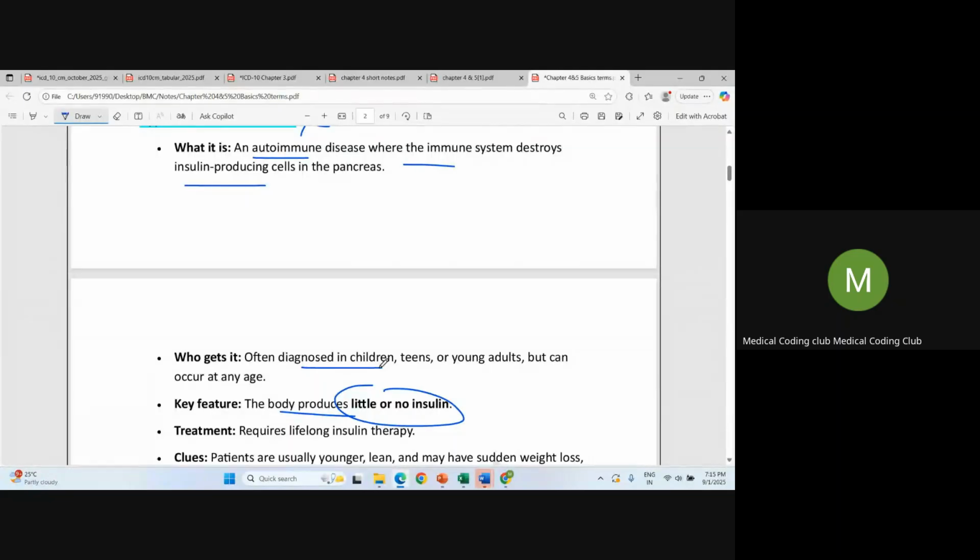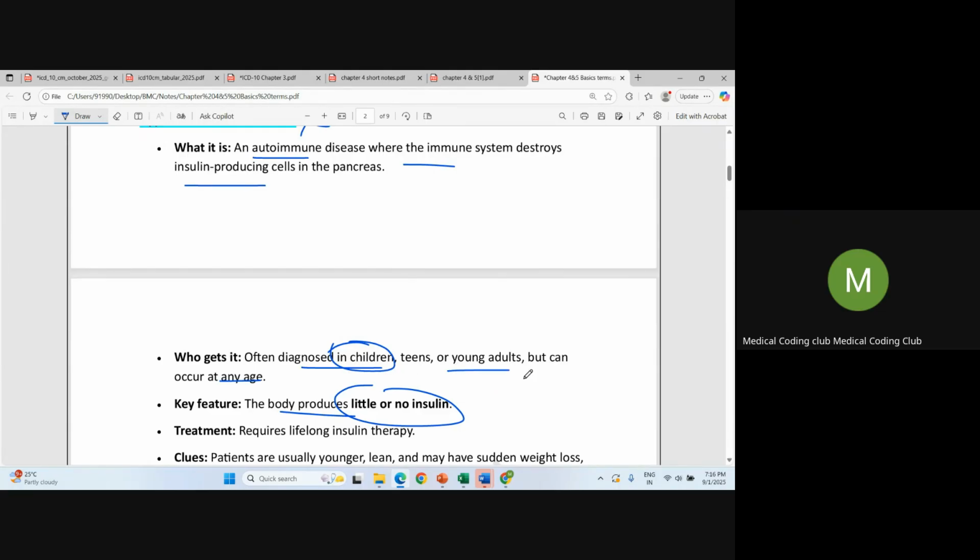Okay, so maximum 80% is diagnosed in children, but it can occur at any age. The possibility is higher in children, but at any age it is rare. Since it is often diagnosed in children, they call it juvenile diabetes.